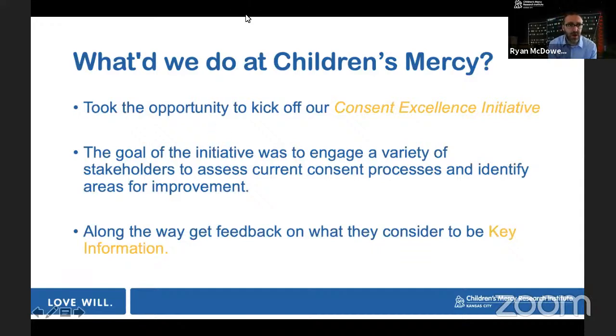So leading up to the revisions to the Common Rule and the key information requirement, at that same time, we were already in the process of putting together a straw man of an overall improvement initiative for our consent process. We had already identified that our forms were stale.